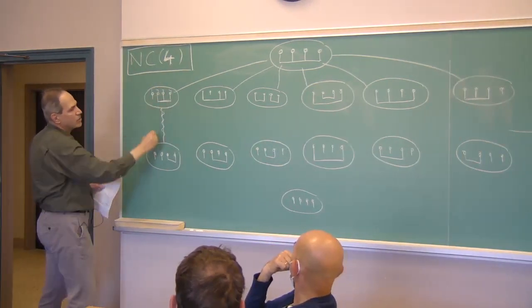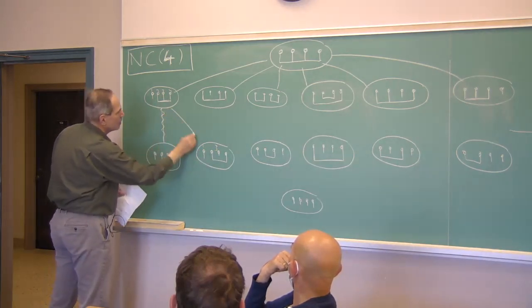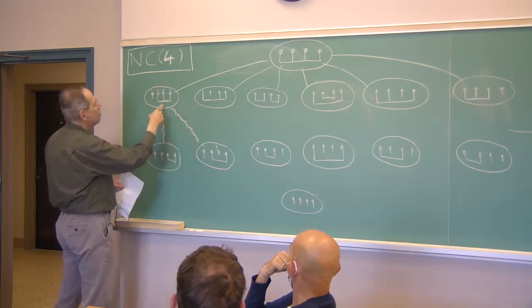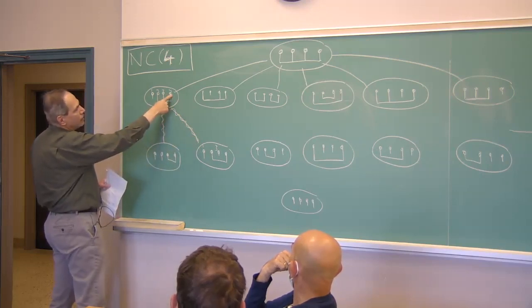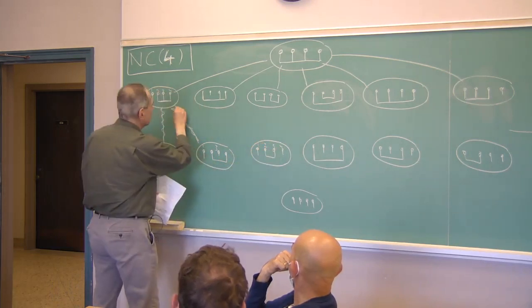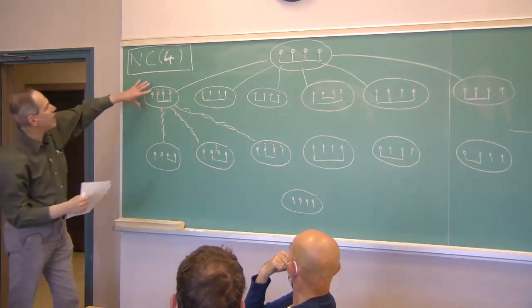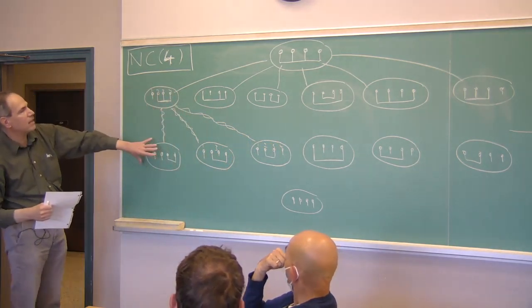So it's going to be this one. Or separate the 4, and then it's going to be this one. Okay. So there are 3 edges starting from here and going to the next level.